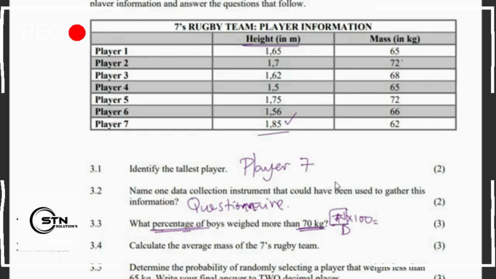So we count, we have 1, 2. Any other? No. So 2 out of how many players? 7. Divided by 7 times 100. So we have the answer as 28.57%.